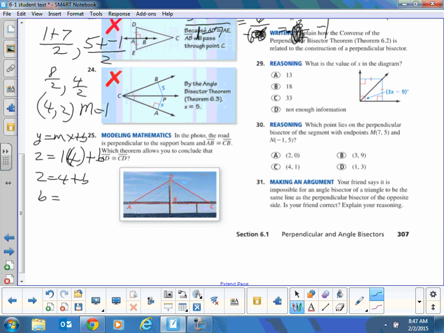B equals negative 2, so y equals x minus 2. 1x, so just x.